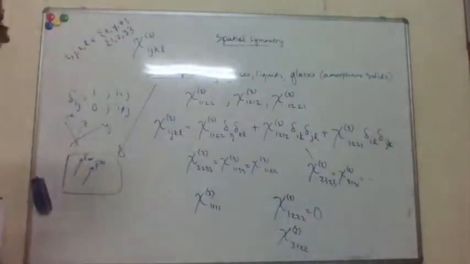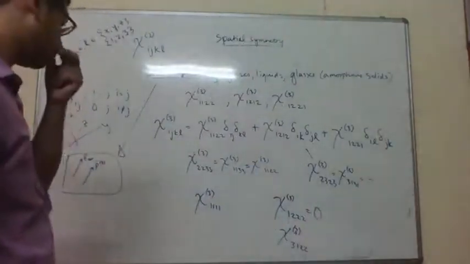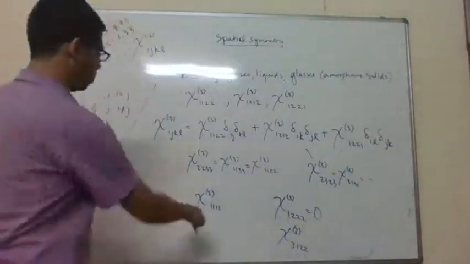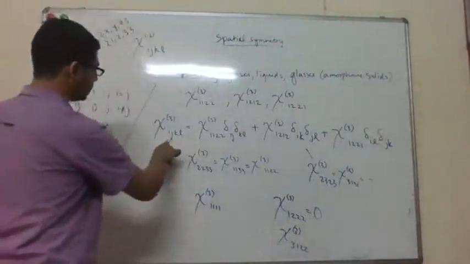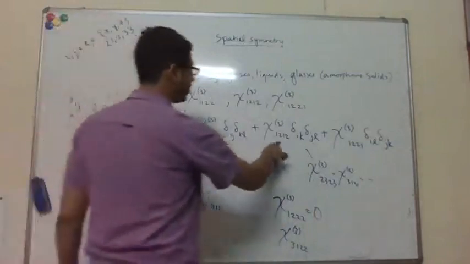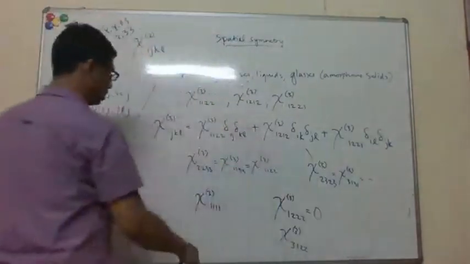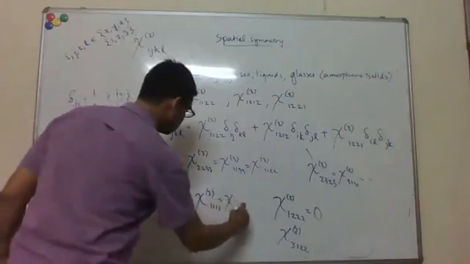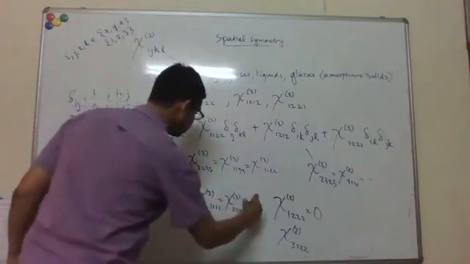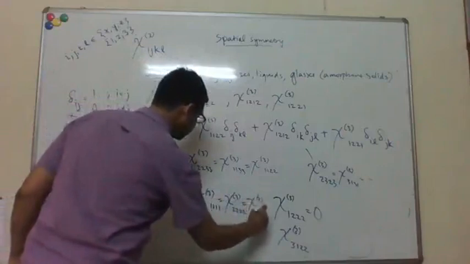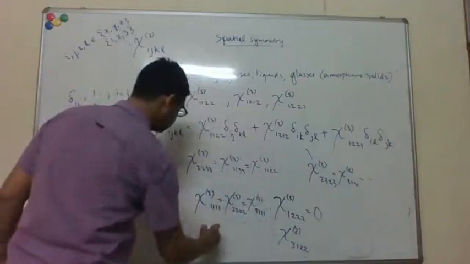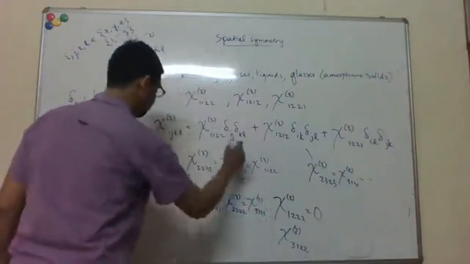So think more about that. And of course, you can have diagonal terms also. From here, you can see that if all four indices are equal, then all these three terms contribute, and basically 2222 is equal to 3333, which is equal to the sum of these three.